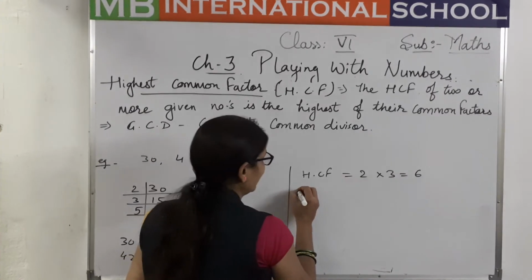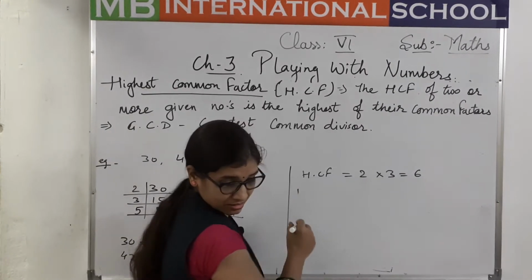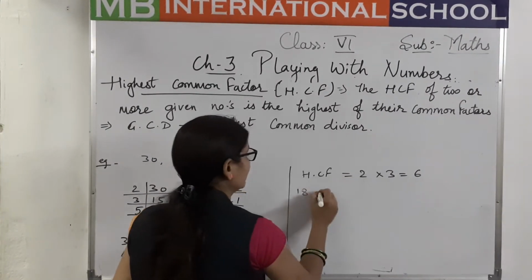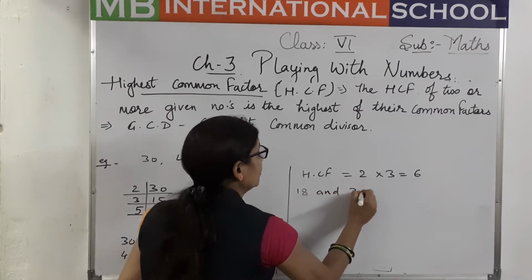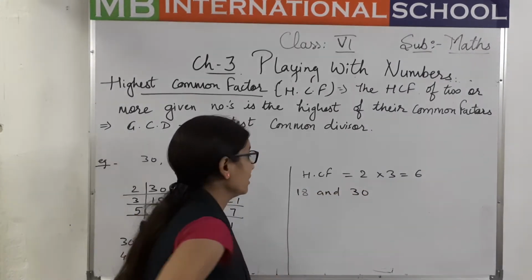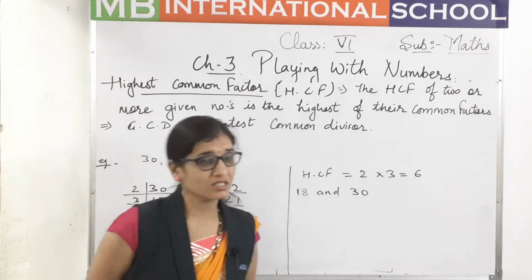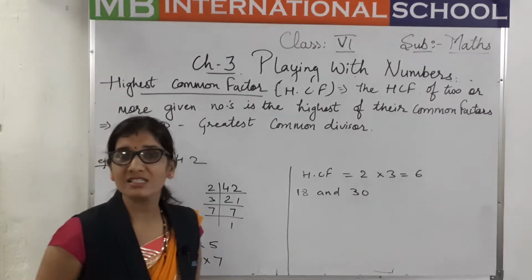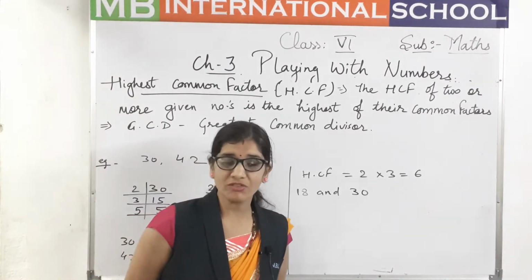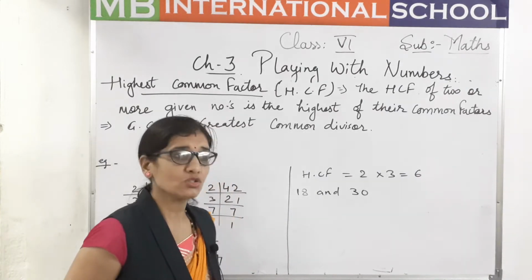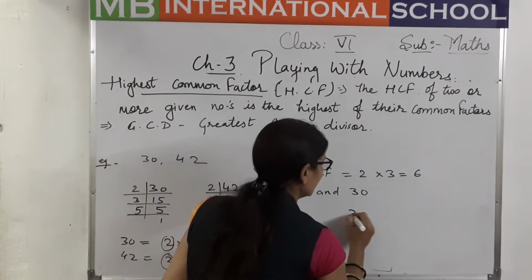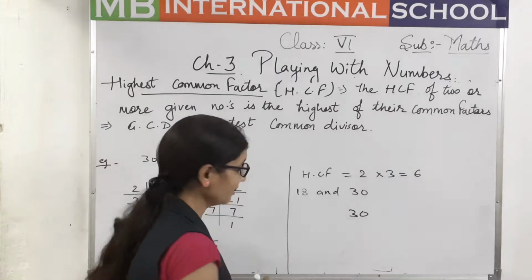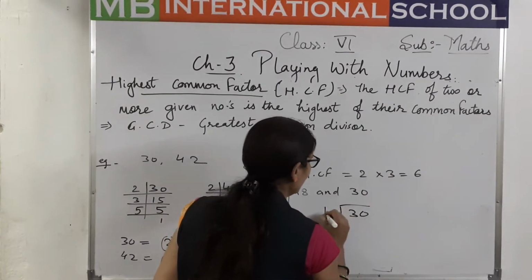The numbers are 18 and 30. We already know that the smaller number is the divisor and the greater number is the dividend. So we are going to take 30 as the dividend and 18 as the divisor.